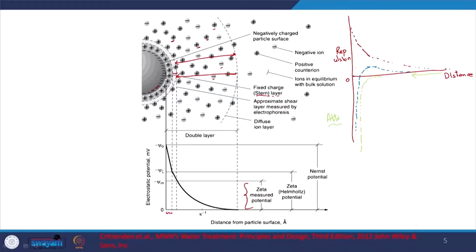Here there are different ways to go about it, but one aspect is distance from particle surface, in Angstrom units, let us say, right. So, if I decrease the double layer thickness, typically by increasing the ionic strength of the water, then I can see to it that the particles can come close enough without being overwhelmed by that peak of repulsion.